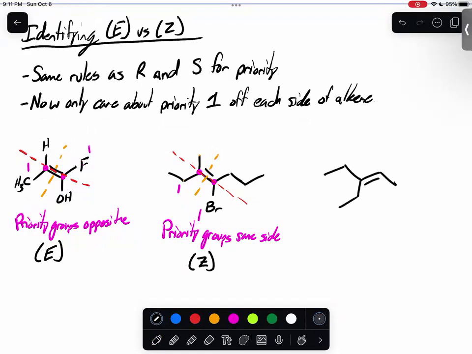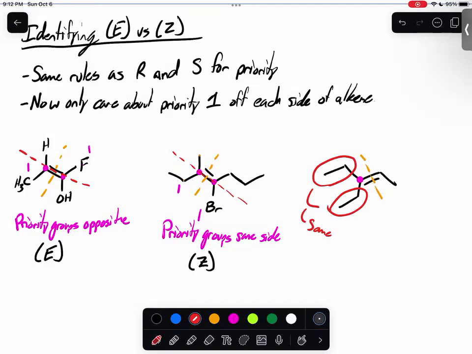Okay. So for this one, if we were to bisect our alkene, we see that on the left-hand side, we move out one atom, we hit two carbons. So we have to move out another atom. We hit two hydrogens and a carbon on each of them. You'll notice here that these two groups, which I'm circling now, are both the same group, right?